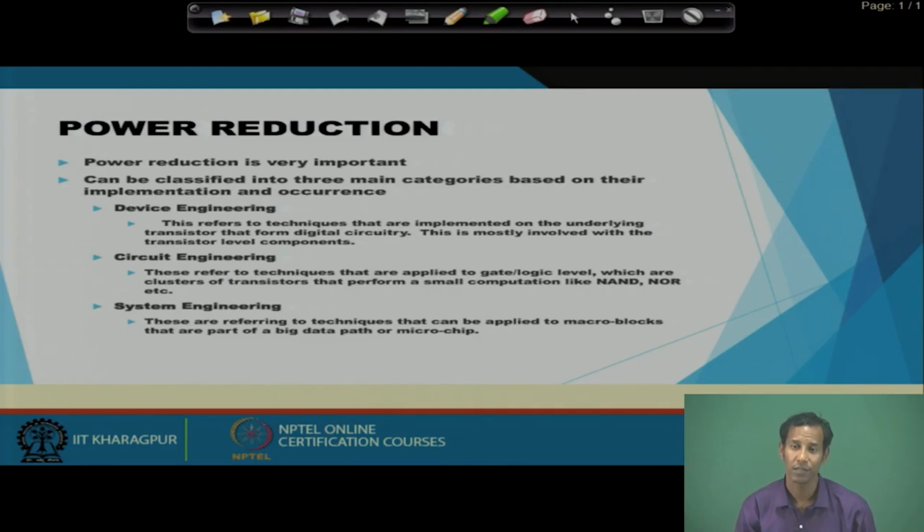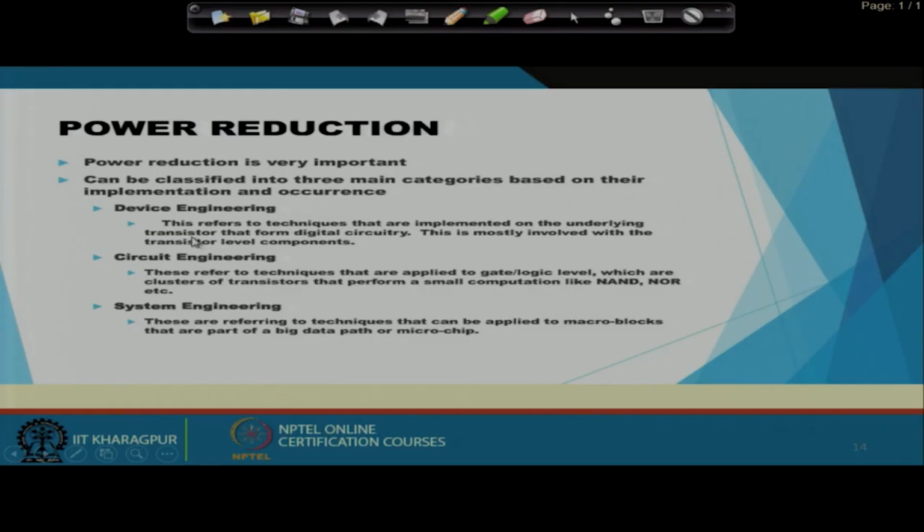Device engineering means that in the VLSI design flow, you have the physical layout, the gate level information, and the device level information.